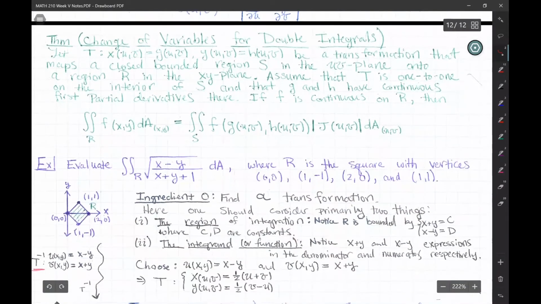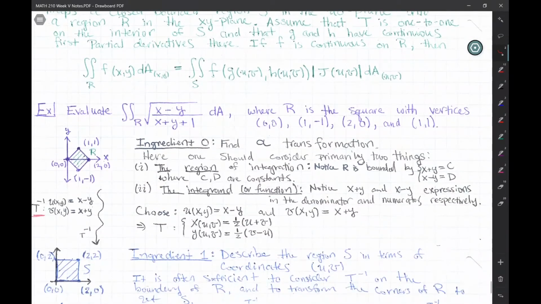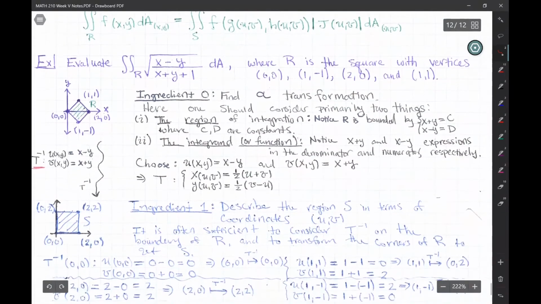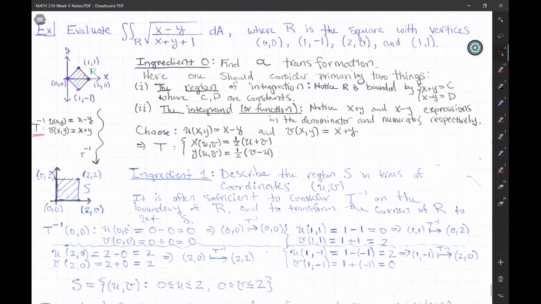And let's go ahead and take a look at an example and apply it. Here we want to compute this double integral over R, where R is this square that you see here. Something to notice: this integrand is not so pretty, so this isn't going to be an easy double integral.